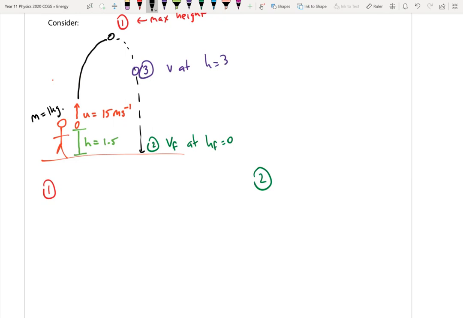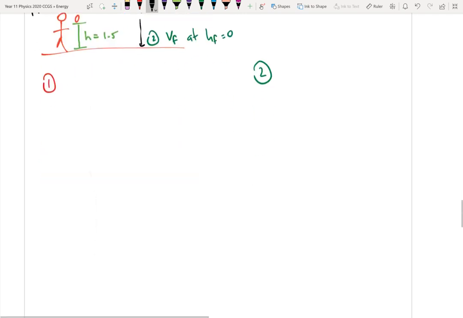So it leaves his hand with some potential energy and some kinetic energy. You need to find out what that is in order to solve part 1. All right? So it's going to have a half mv squared plus mgh. And I would like you to solve for those 3 different questions, please.